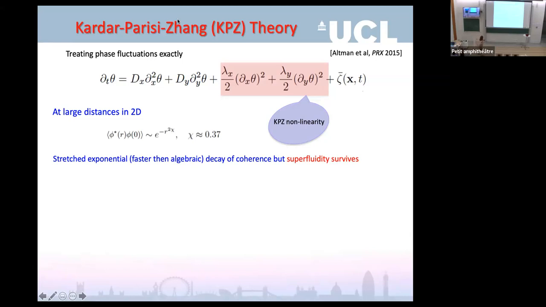Phi is the phase of the condensate. Oh, sorry, what is phi? It doesn't really matter, because it could be theta, but it could be the field. The amplitude fluctuations are gone, so the only fluctuations are in the phase.